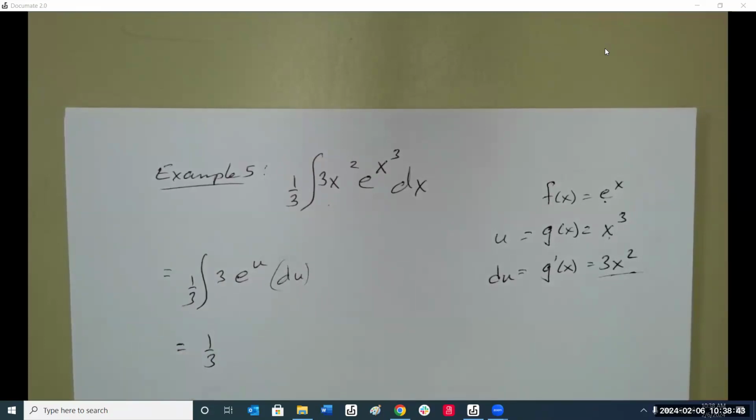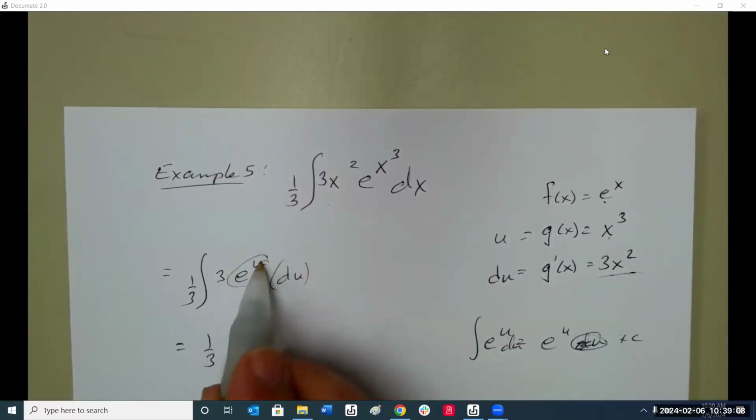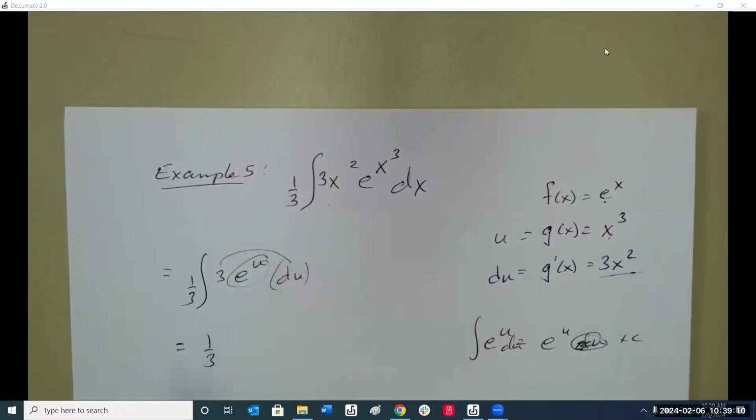The integral of e to the u is just e to the u plus c.